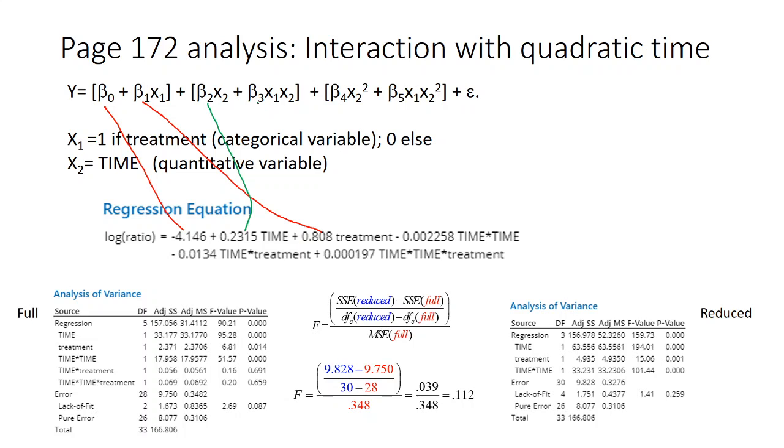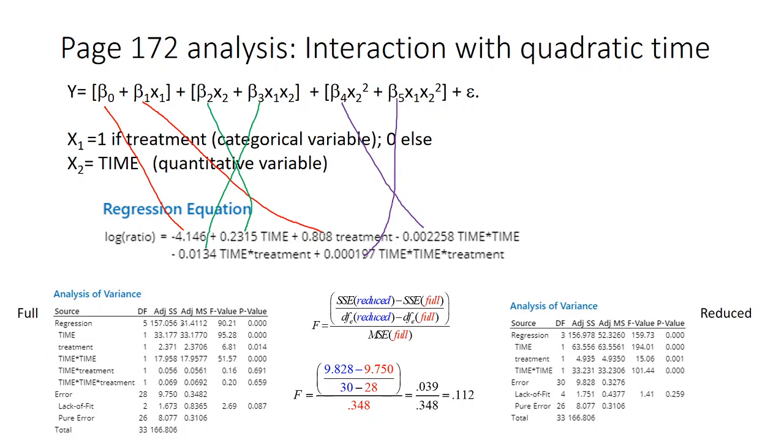And beta 3 would be our time times treatment, so that would be negative 0.0134. You could try to figure out what beta 4 and beta 5 are while I change colors. Let's try purple for Taylor. Beta 4 would be this negative 0.00258, I mean, it would be approximated by that. And beta 5 would be this 0.0197.